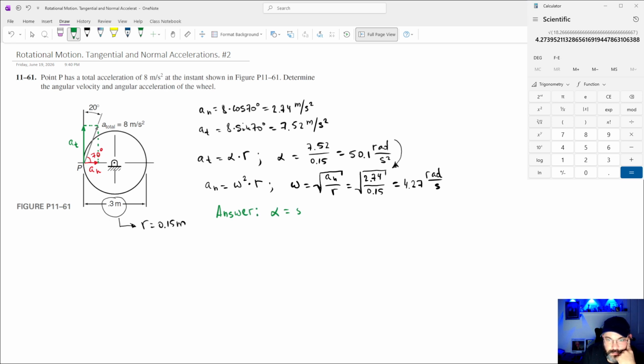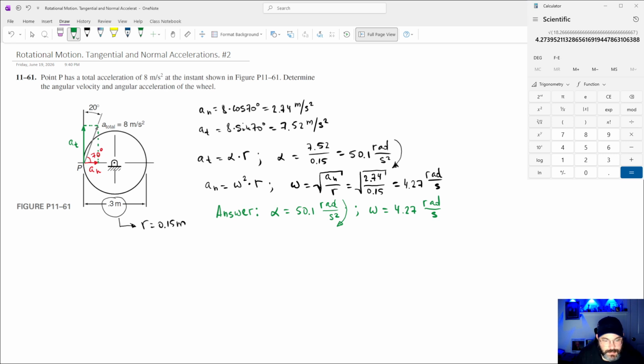Alpha is equal to 50.1 radians per second squared, and this is clockwise, right? And omega is 4.27 radians per second, and we do not know the direction of rotation, so there is not enough information in this problem to tell.